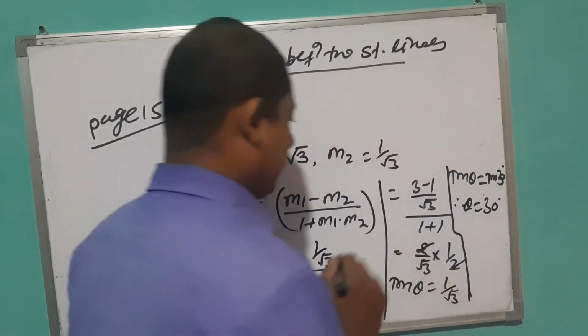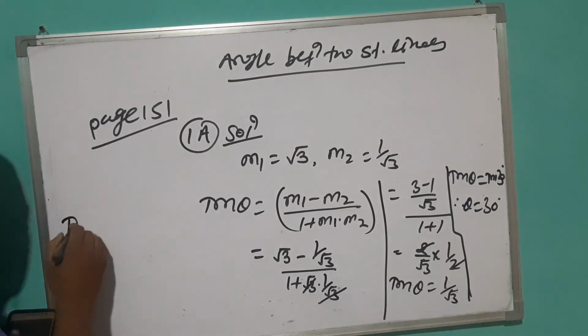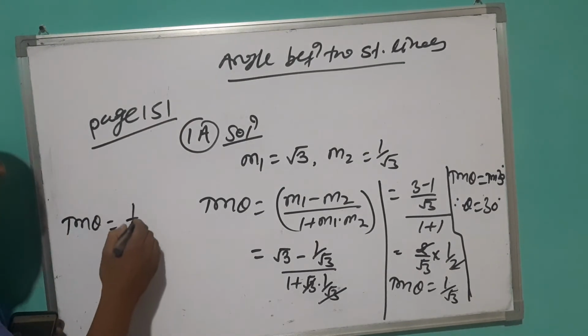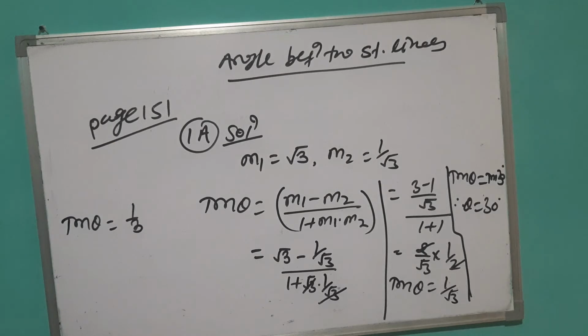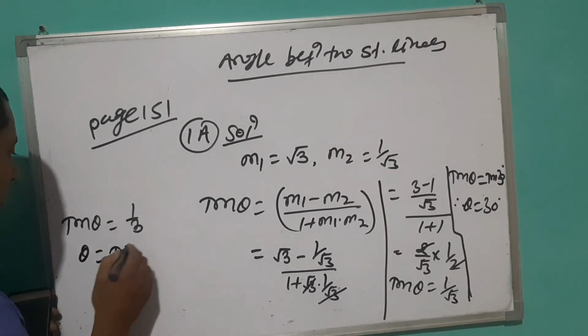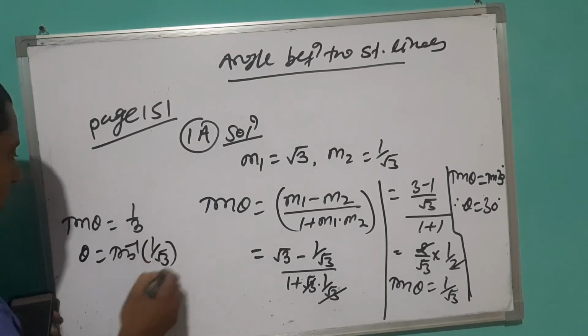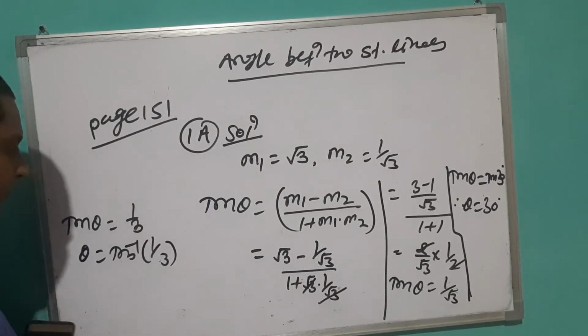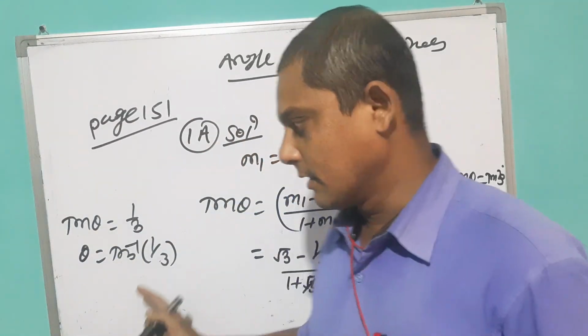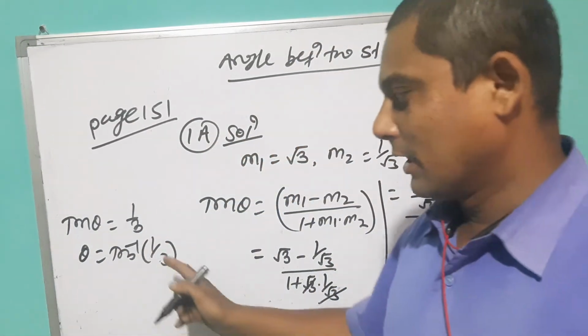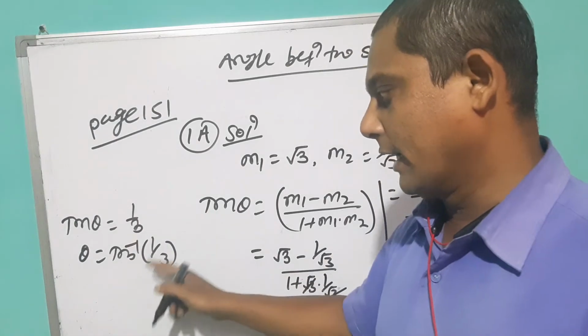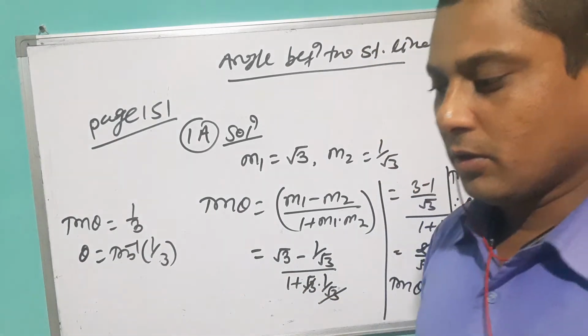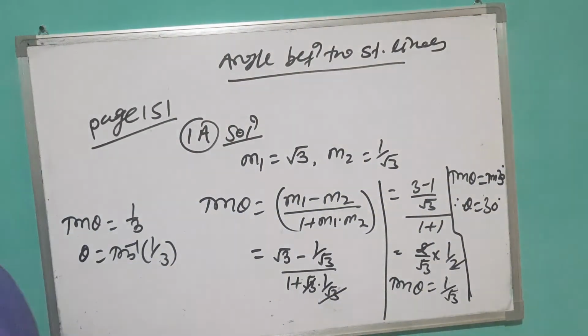But one thing I want to tell you: if suppose tan theta came 1 by 3, and we know 1 by 3 is not any standard value, in that situation we can write theta is equal to tan inverse 1 by 3. In this way, we can solve these questions.